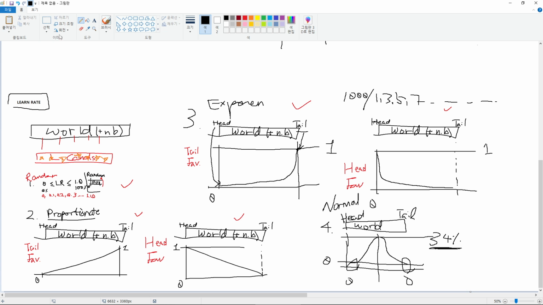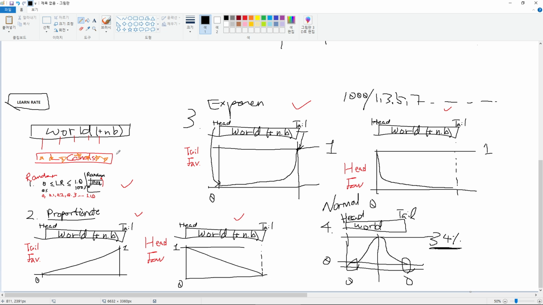Now, another thing that is important to mention is that in this case where I'm modifying the learn rates for each individual entity, this is on the premise that the candidates have been chosen.